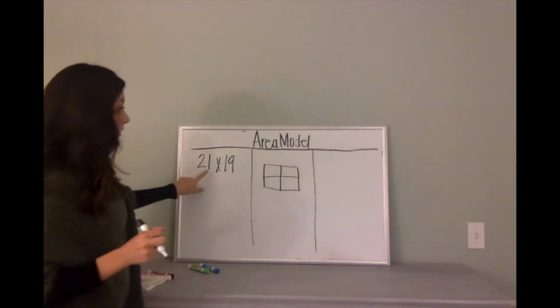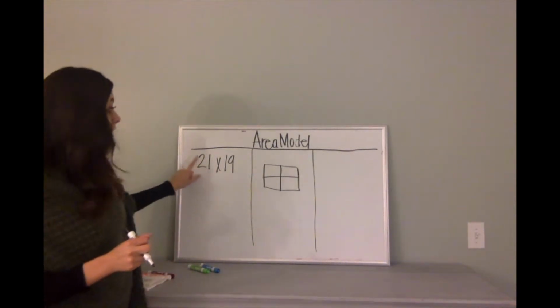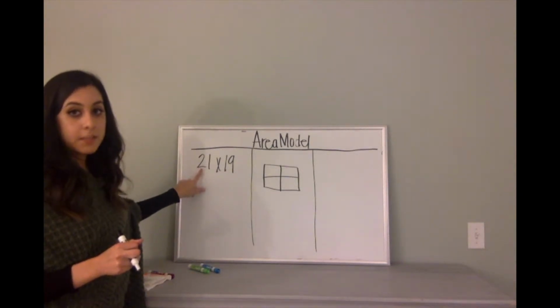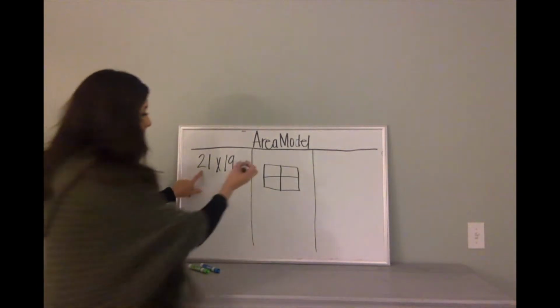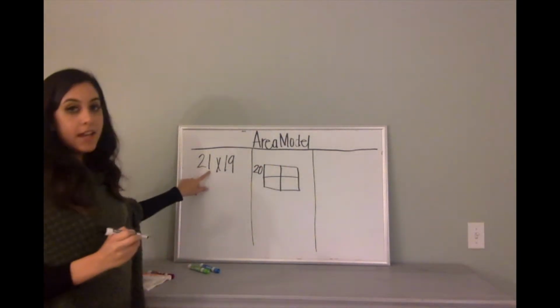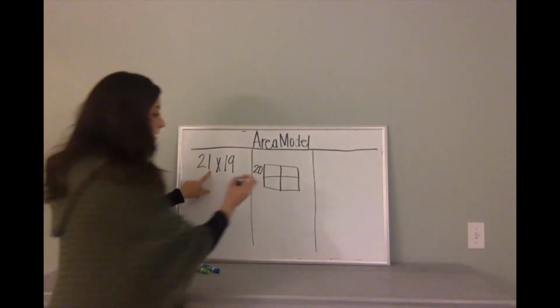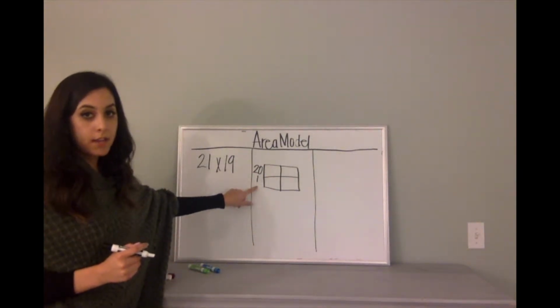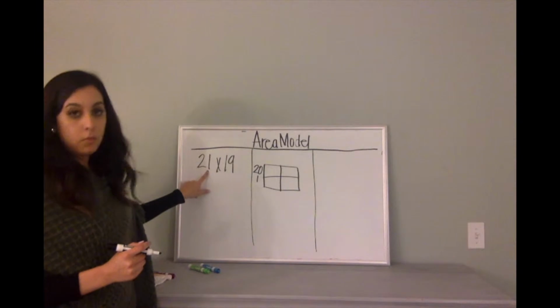So the 21 here, the 2 is in the tens place, so I'm going to make it a 20, and I'm going to write it right here. Plus the 1 in the ones place, I'm going to write right below, because 20 plus 1 gives me 21.